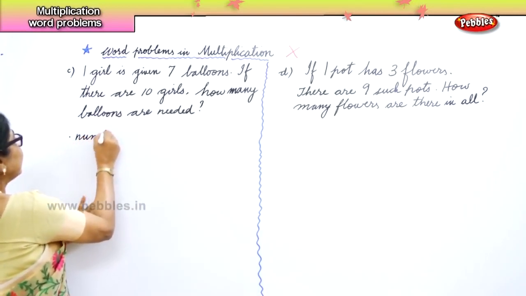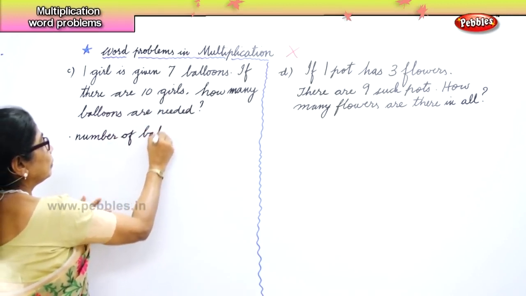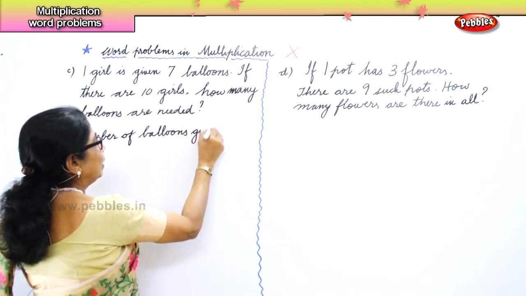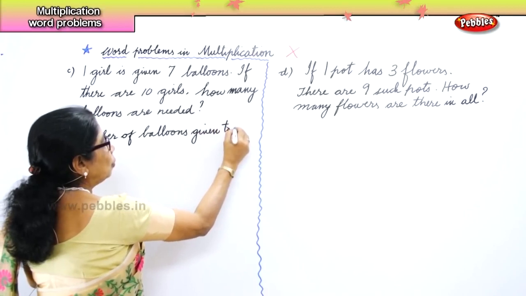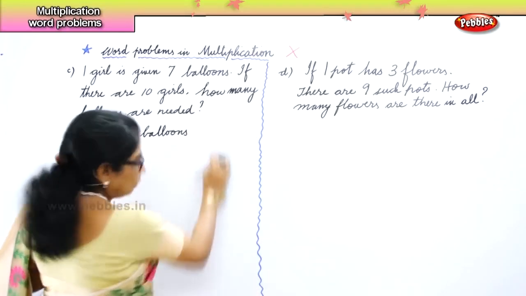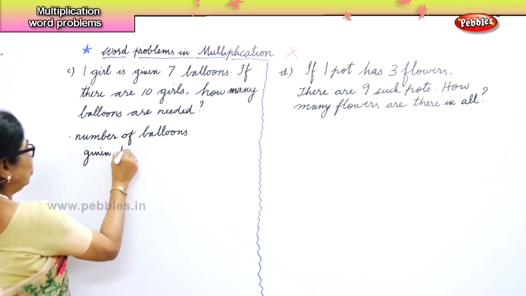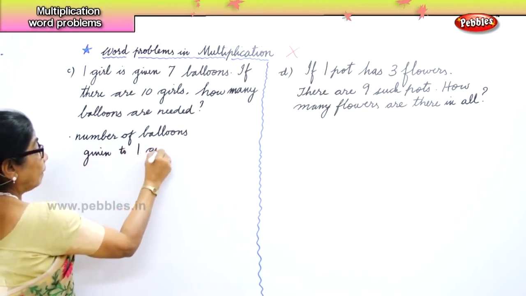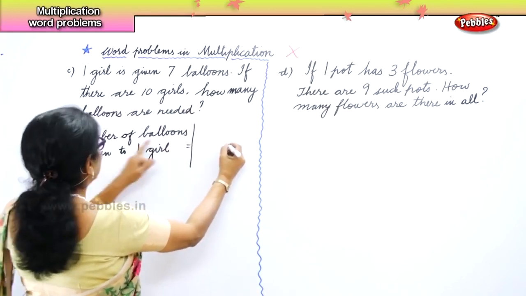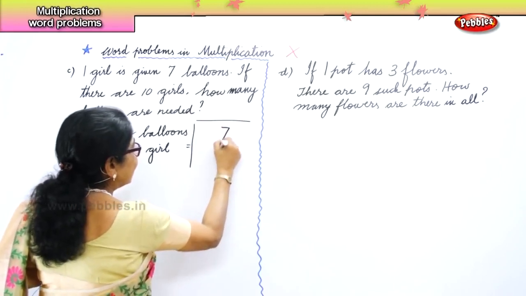Okay, how many? 7. So you write there 7.